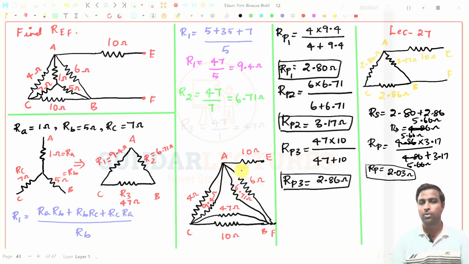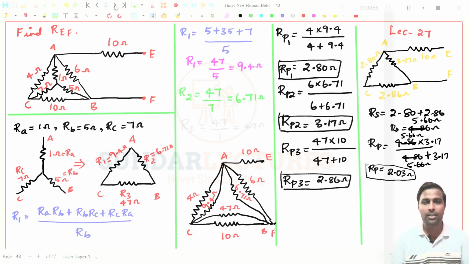Then we simplified the circuit with the conventional methods. There is no problem after the conversion of star to delta connection. It is very simple.